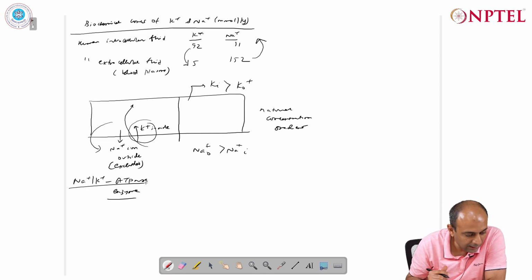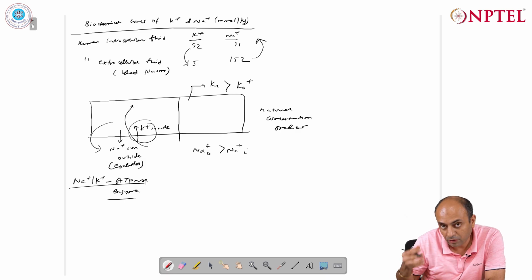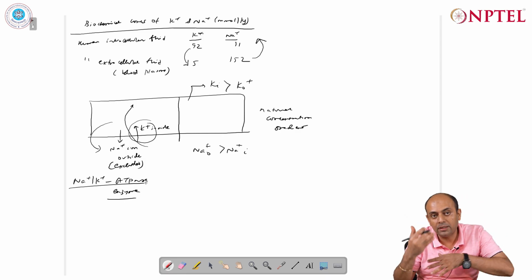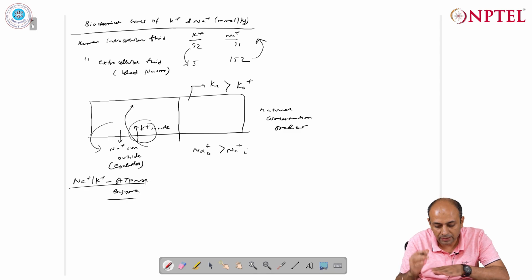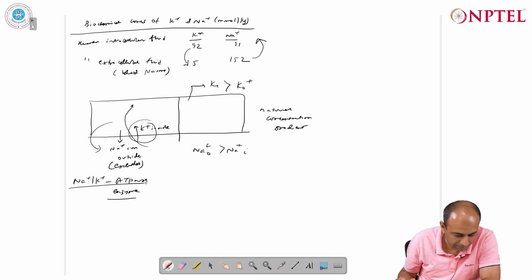What this enzyme does is that it essentially scavenges the sodium ion from inside and puts it outside, and the potassium ion it takes from outside and puts it inside, against the concentration gradient, and this is done by the ATPase enzyme.